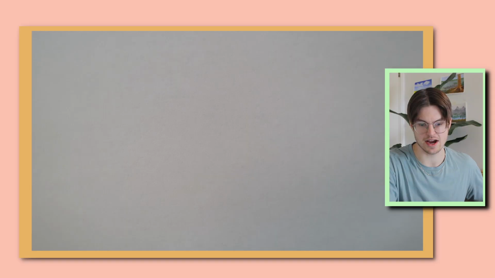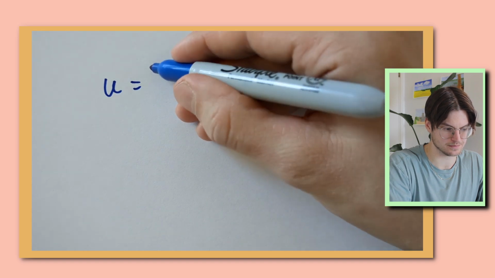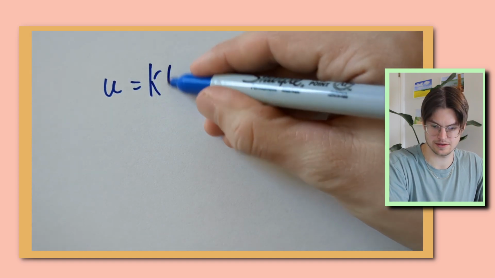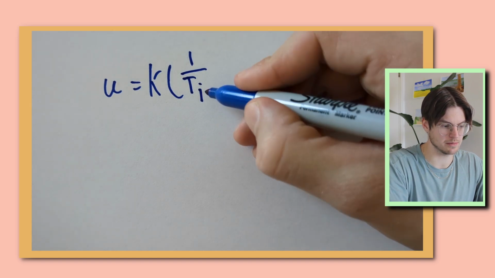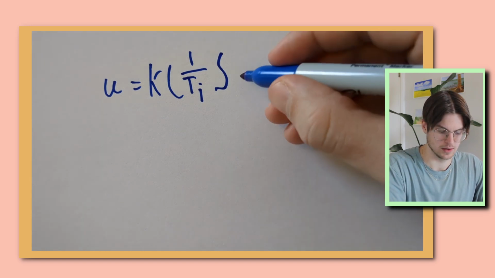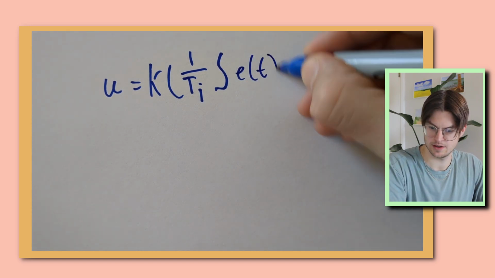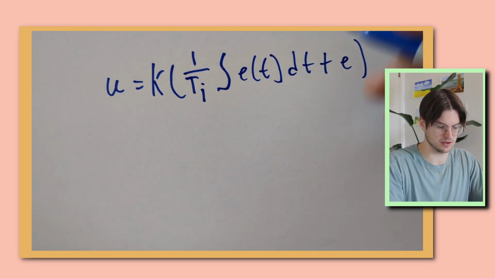Here, we have replaced this part with an integral formula, or an integration of the error over time. So we have U, and it's still K, but then we have the integral 1 divided by the integral time over an integral from the error plus C. So there's 2 parts here now.